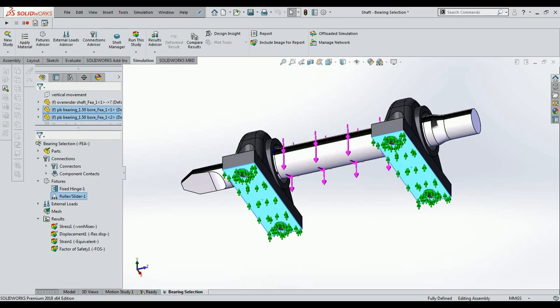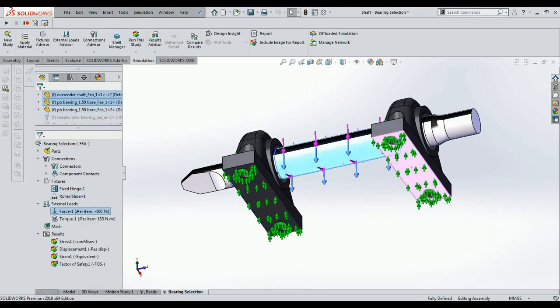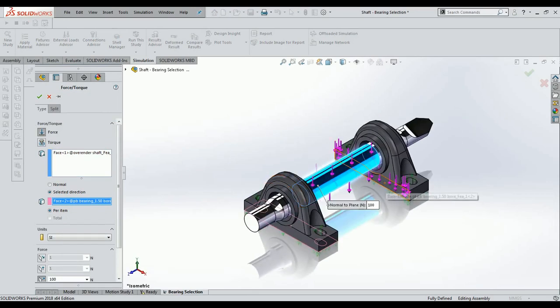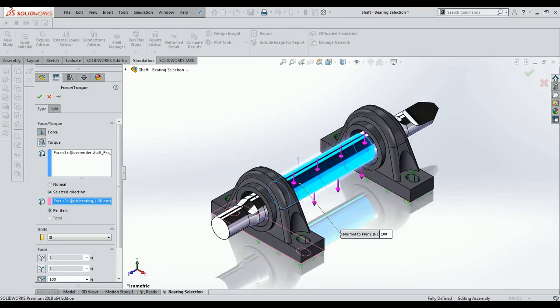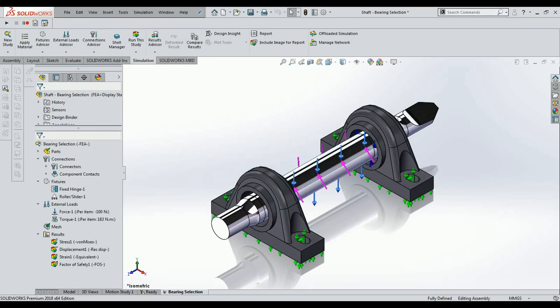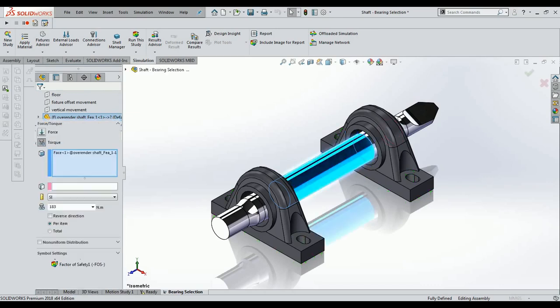Next is the force: I provided a 100 Newton force in the downward direction, which is normal to the ground. And the next is the torque: I provided a 183 Newton meter torque with respect to its axial direction.